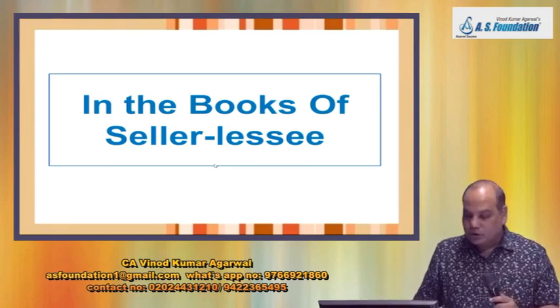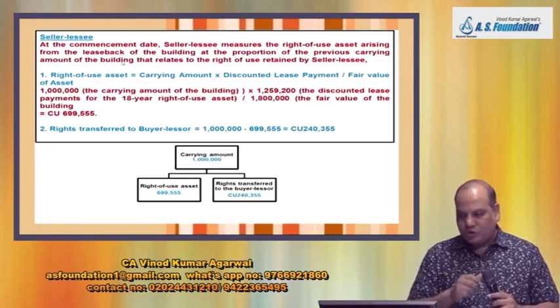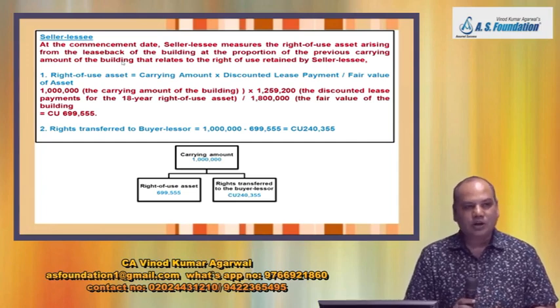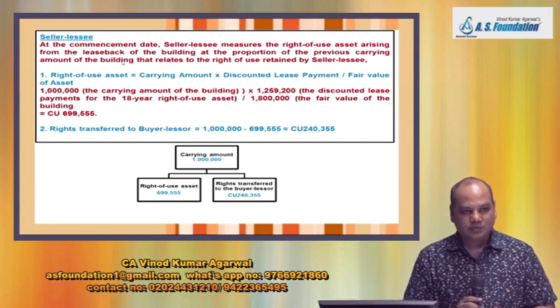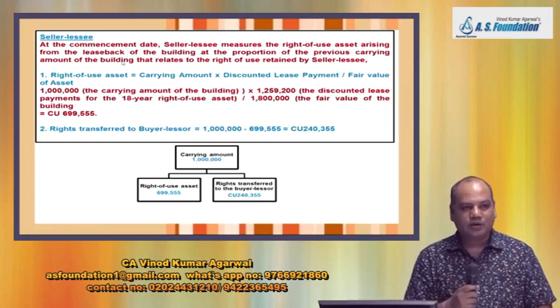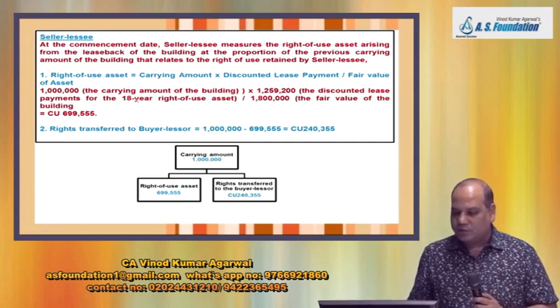Okay. Now in the books of lessee, on the commencement date, I have to calculate the right of use asset and I have to calculate the right transferred to the buyer. So you see on the screen how much right of use asset I have retained.